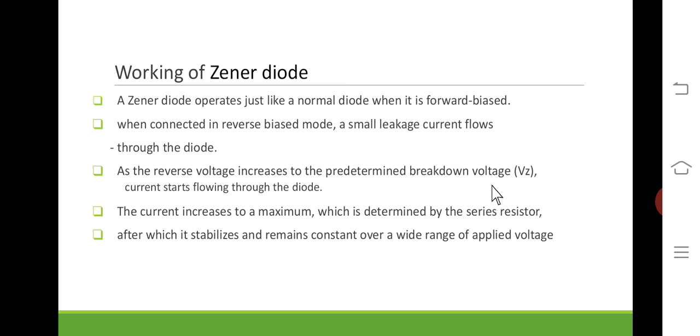This critical value of the voltage is known as the breakdown voltage, represented as V subscript BR.